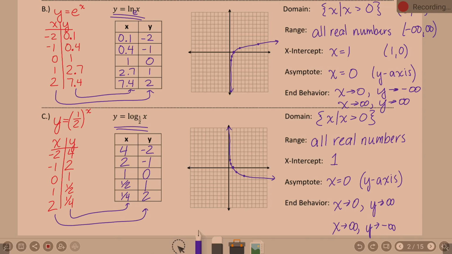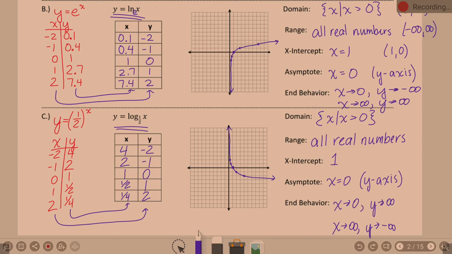Now, before I flip back to my other screen, let's talk x-intercept. If I take this graph and I move it up, is this x-intercept going to change? Yeah, because right now both these graphs intersect at 1. If I move this graph up, it's still going to cross the x-axis, but not at 1. And you don't have to give me a specific value.